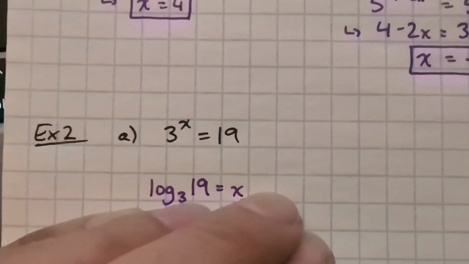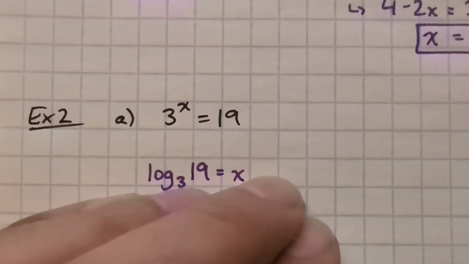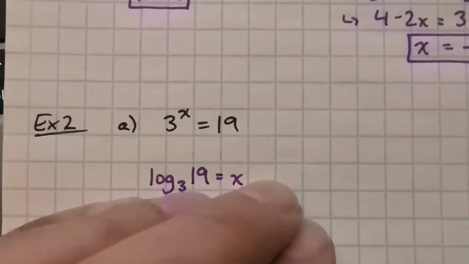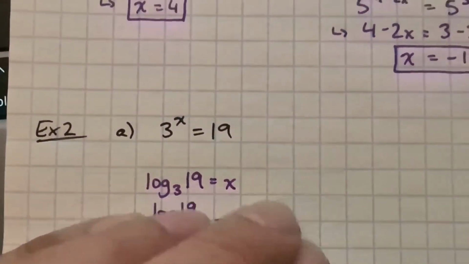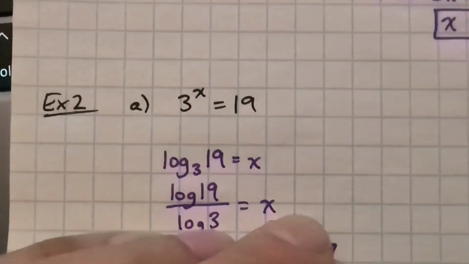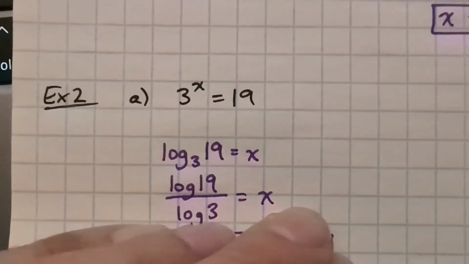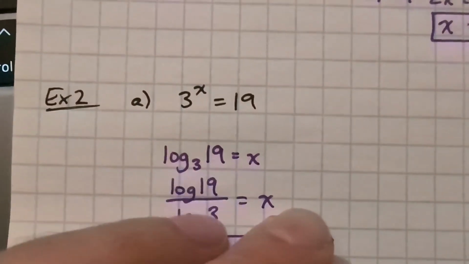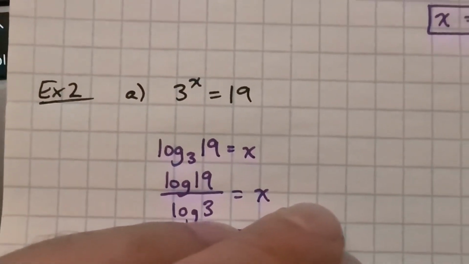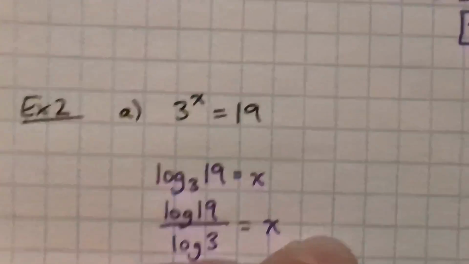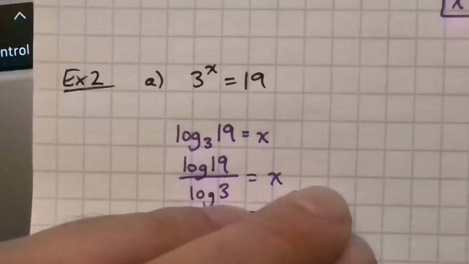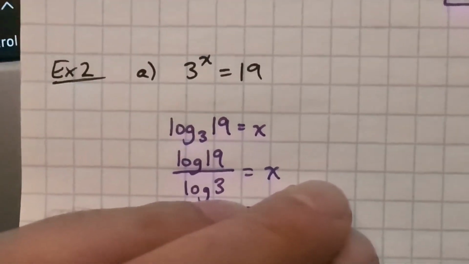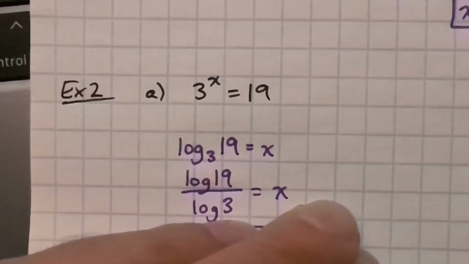So the instructions for this example 2 on your notes say we're going to round answers to 3 decimal places. So we can write in log of 19 divided by log of 3 on our calculator. Always the argument of the log on the top and the base of the log on the bottom, when you're changing the base, using our change of base from one of those first 2 days.